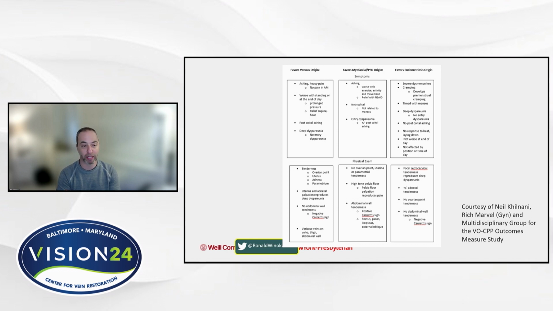But the biggest one here is postcoital aching, which is really specific to venous origin pelvic pain, and a disease-specific quality of life tool is being assessed very closely as part of this study to prove that maybe that specifically is going to differentiate those with myofascial pain or endometriosis, so we can decide who really should pursue pelvic venous intervention, be it iliac vein stenting, ovarian vein embolization, combination, renal vein intervention, or none of the above in some of these other interventions.